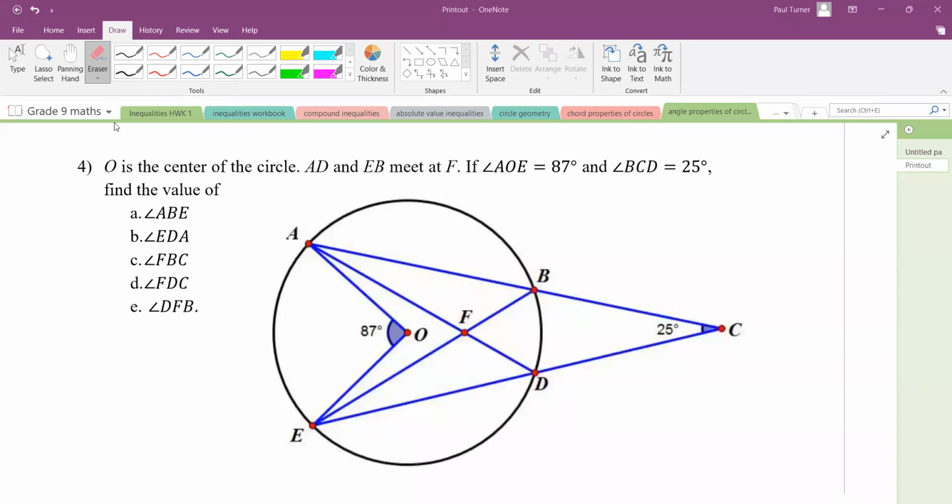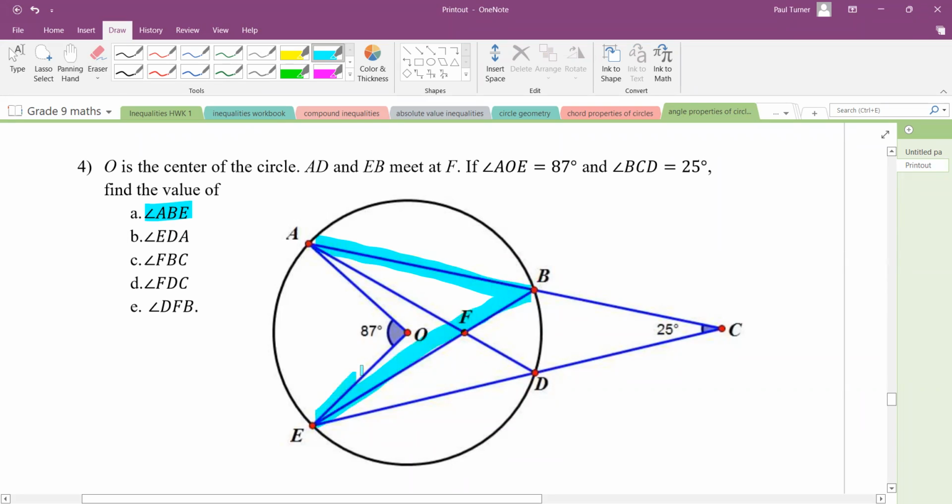Okay, so in question 4, we have 5 questions to find, or 5 answers to get. And the first one is ABE. So angle ABE is here. So this angle here. And we use our rule that the angle at the center is 2 times the angle at the circumference. So we could write that here.